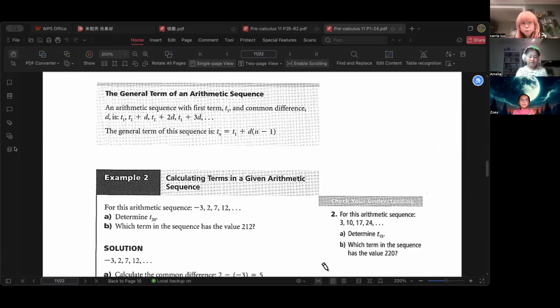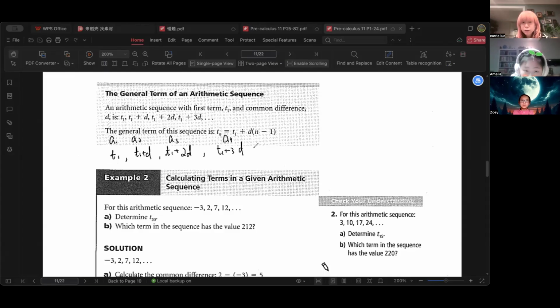The first one is T1, right? The second one will be T1 plus D. The third one will be T1 plus 2D. And the fourth one will be T1 plus 3D. So I want you to think about this as A1, this is A2, this is A3, this is A4.